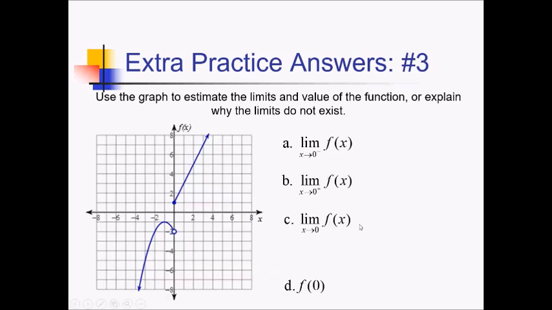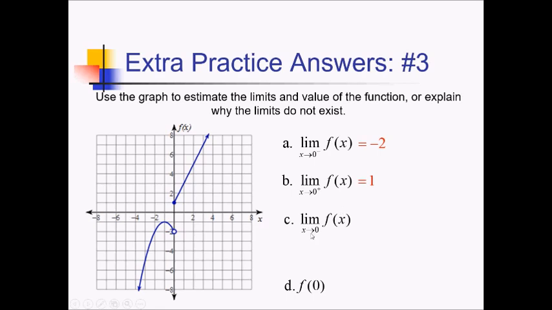For this problem, we have the graph of f, and we're exploring the behavior of the graph around x equals 0. Part A, we're talking about the left-sided limit. Approaching 0 from the left side, we're approaching the y value negative 2. And now for part B, this is the right-sided limit. Approaching 0 from the right side, we're approaching the y value 1.